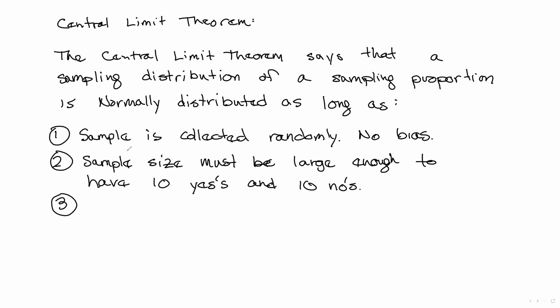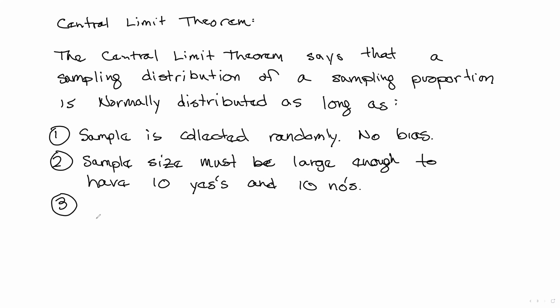The sample needs to be sufficiently large to get the normal distribution. If you have a very small sample, you're not going to have enough possibilities for it to be normally distributed.